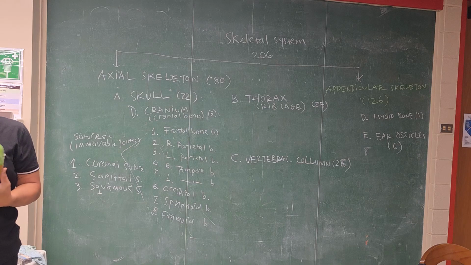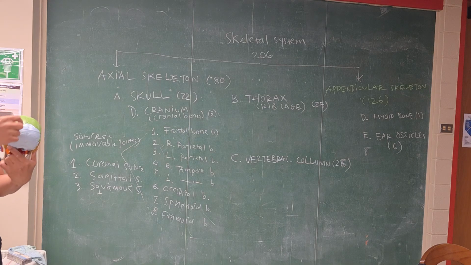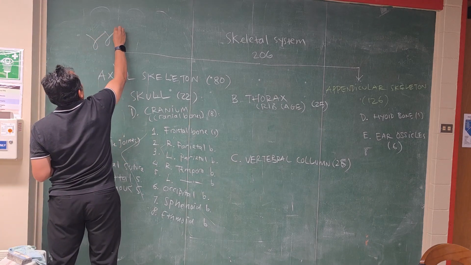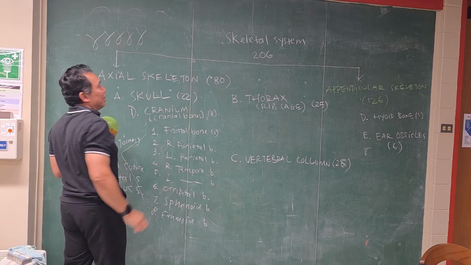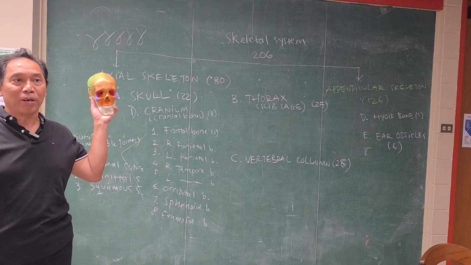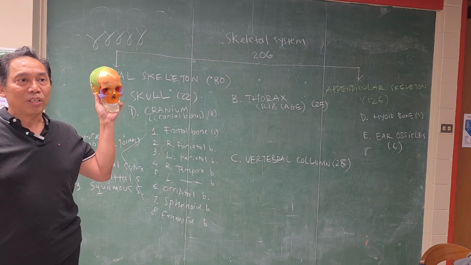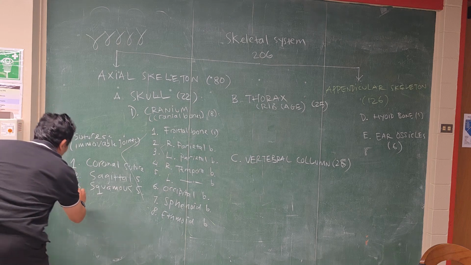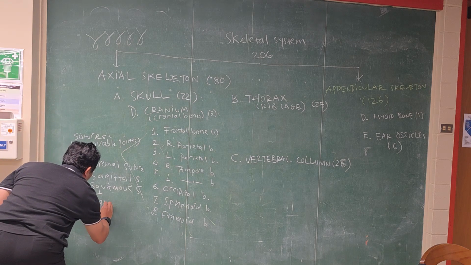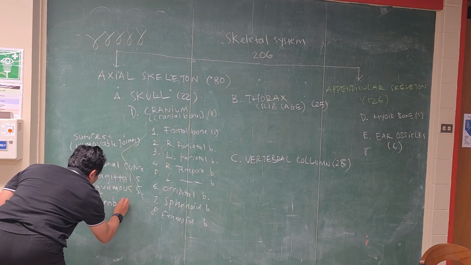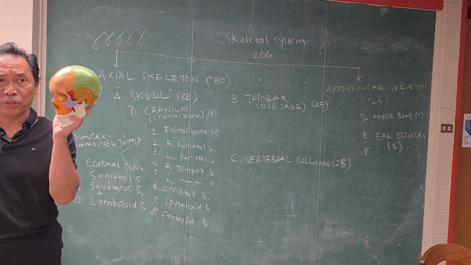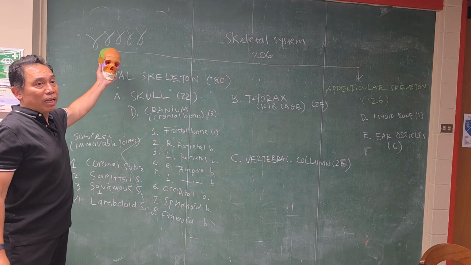The last one is between the 2 parietal and the back, the occipital. That suture looks like this. Anybody know what Greek letter that is? It's called lambda. Therefore, the name of the suture is the lambdoid suture. Based on the shape, it looks like a lambda.